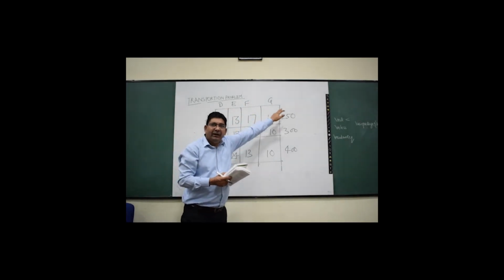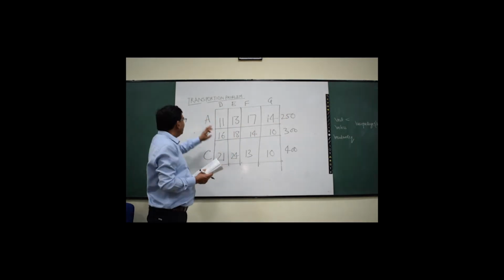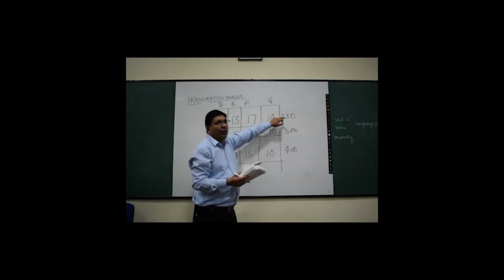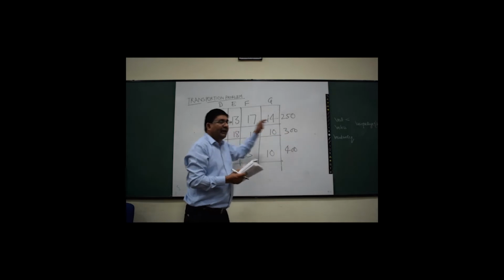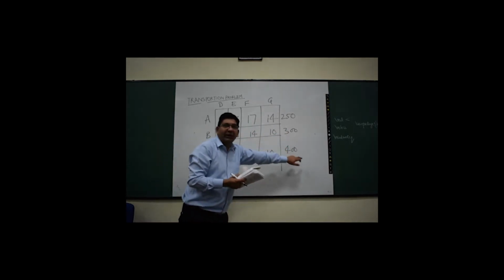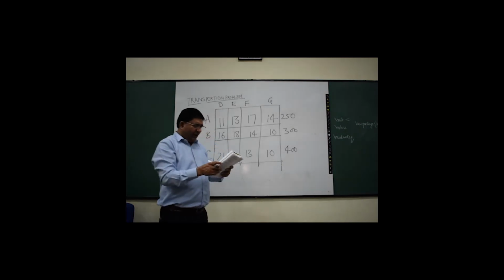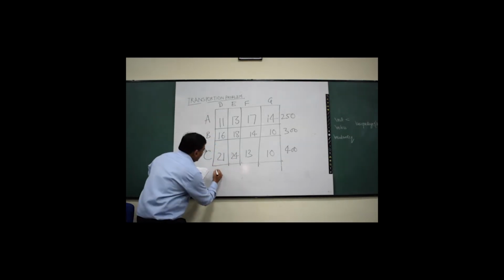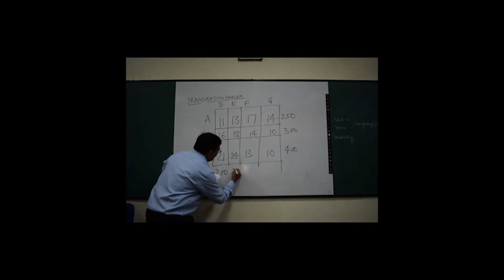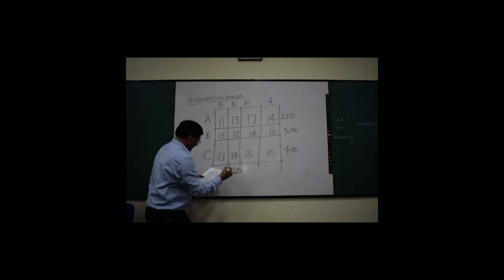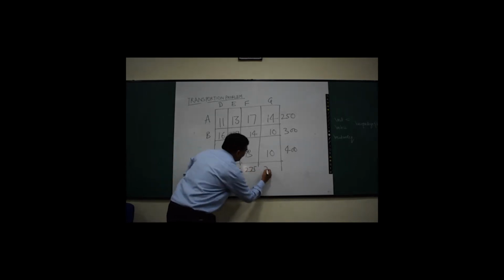The material available at source A is 250 units, at source B is 300 units, and at source C is 400 units. Similarly, the requirements at the various destinations are 200, 225, 275 and 250.